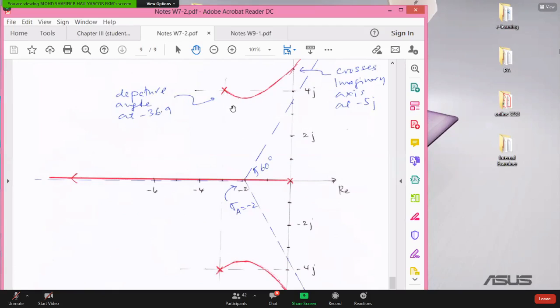And then you draw another line connecting the pole that you want to find the departure angle of to the pole at the origin. You measure the angle from the line parallel to the real axis. That's another 36.9 degrees.